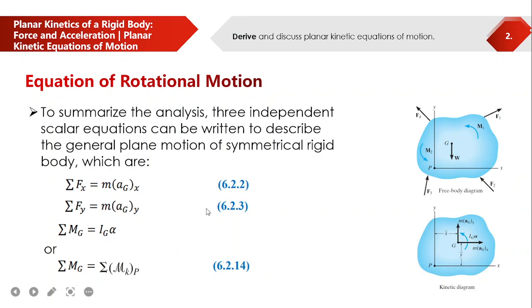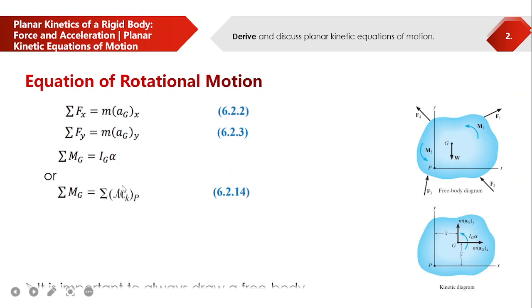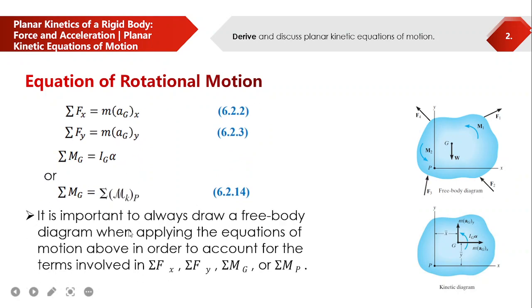So these are the independent scalar equations that you will use when you are dealing with general plane motion of a symmetrical rigid body. Okay. It is important to always draw a free body diagram when applying the equations of motion above in order to account for the terms involved: the summation of all forces along x, the summation of forces along y, the summation of the moments at point g, and the summation of all moments at point p.